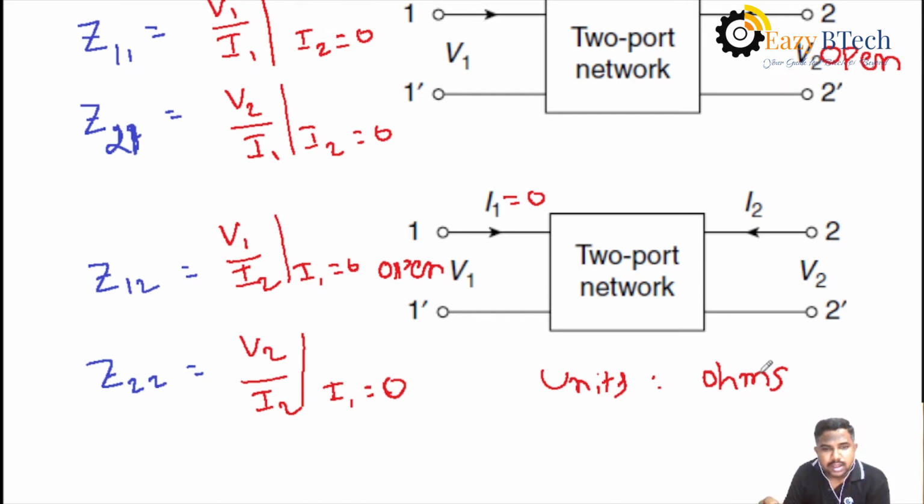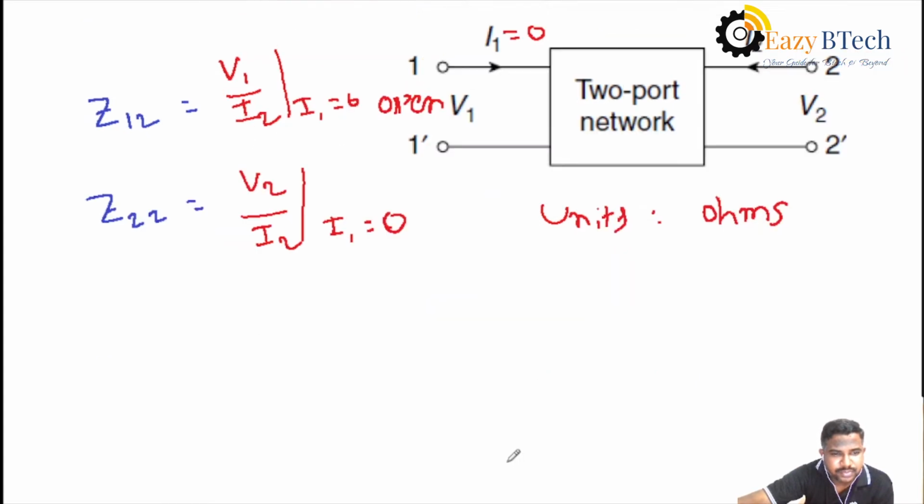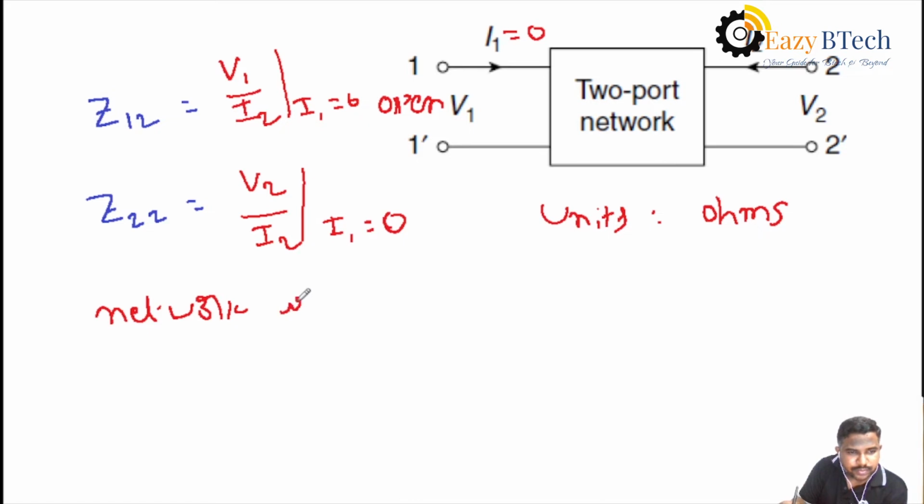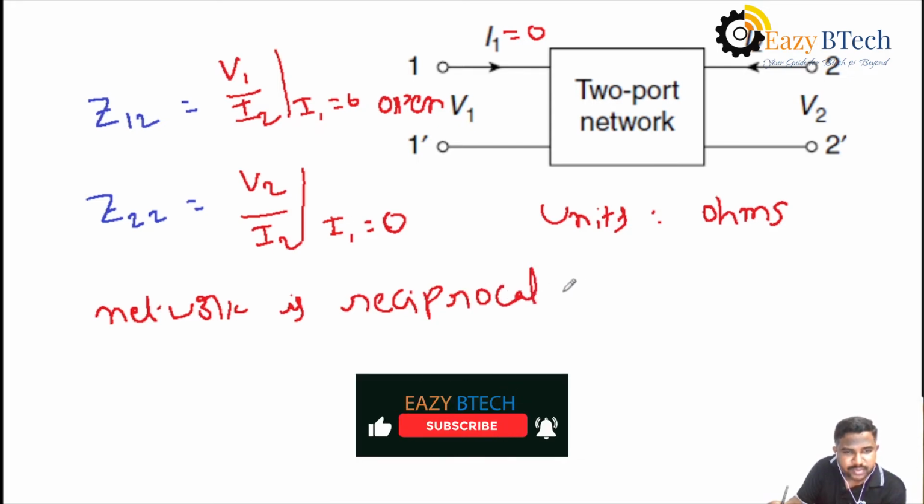Then there are important formulas and equations in GATE examinations also. The main condition is, if the given network is called reciprocal, then what is the condition here?